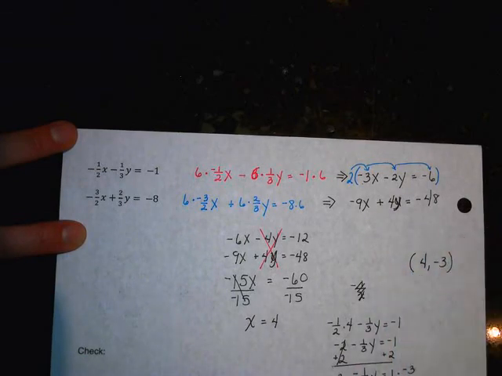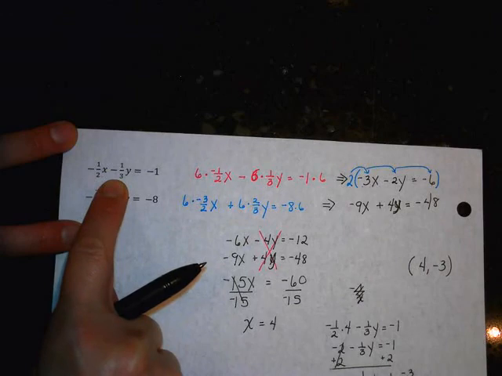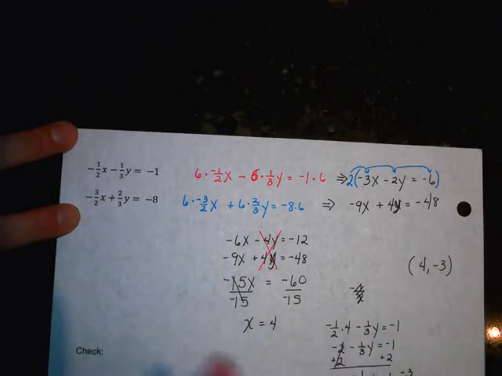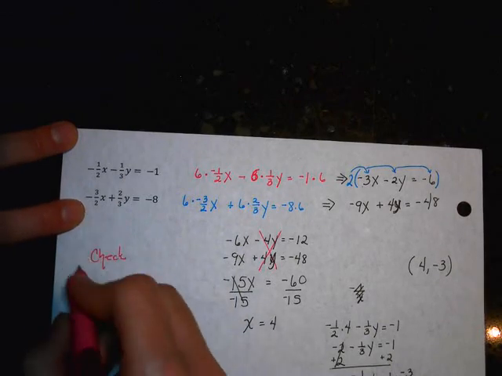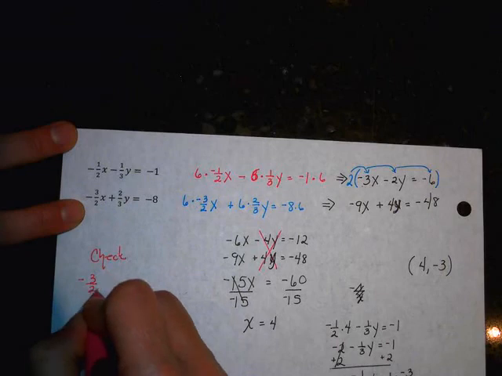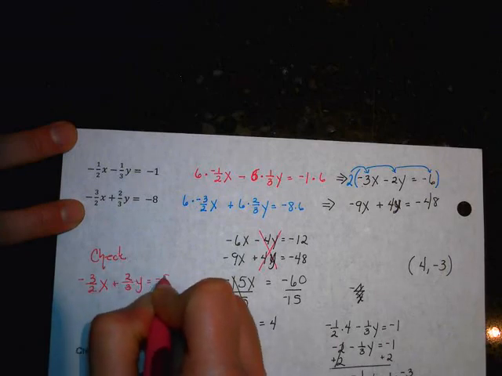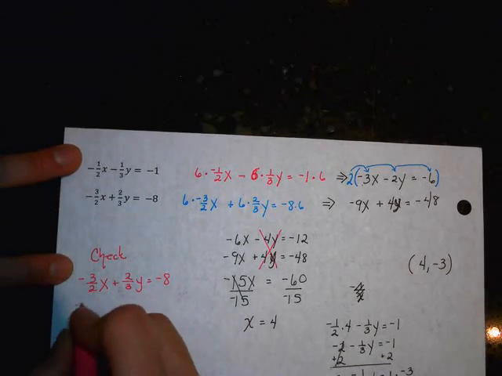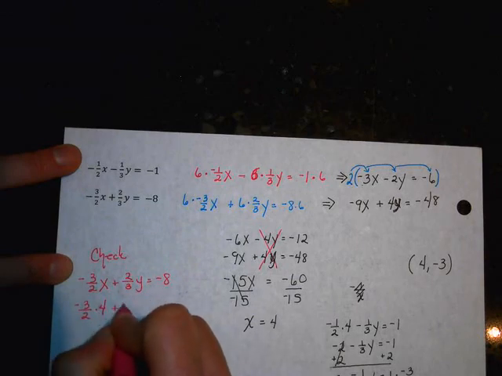So I used the first one to solve for the unknown. So I'm going to use the second one to check. Let me write my check right here. I'm going to use this equation. Now let's pop in the x and the y. So when x is 4, y is negative 3.